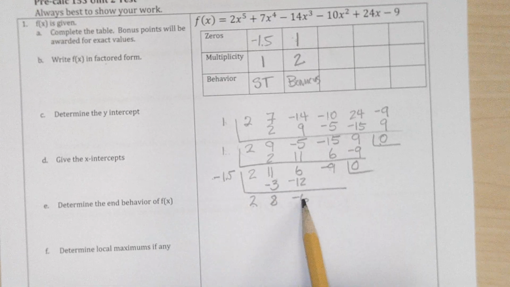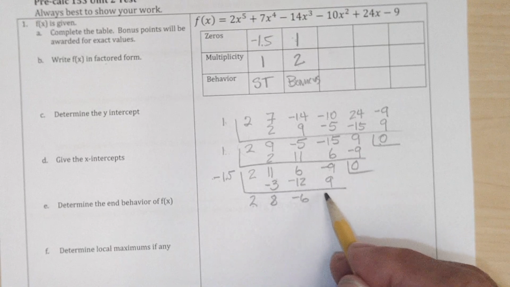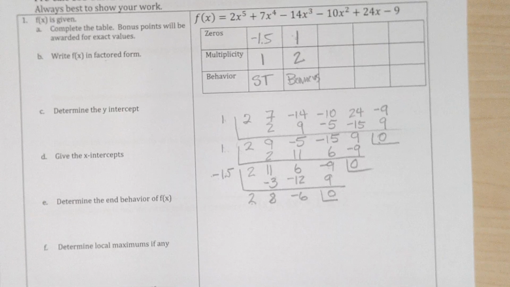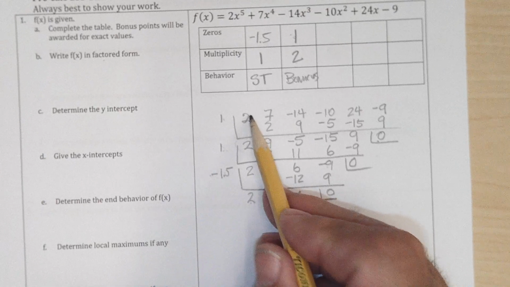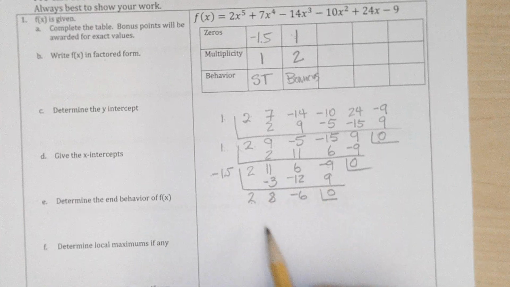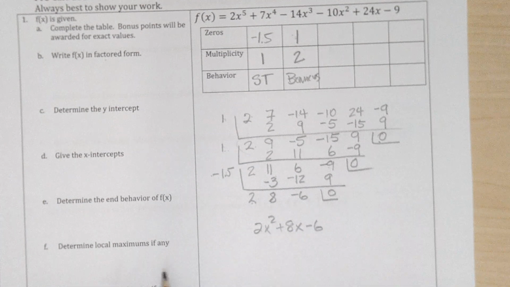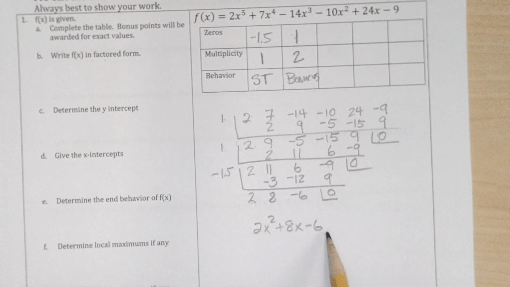Negative times negative is positive. 6 plus half of 6 is 9, and it does go in evenly. So I went from x to the fifth to x to the second. So I got 2x squared plus 8x minus 6 is what's left.